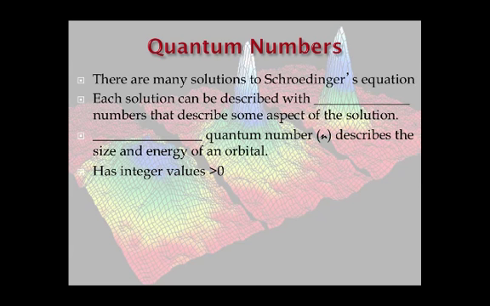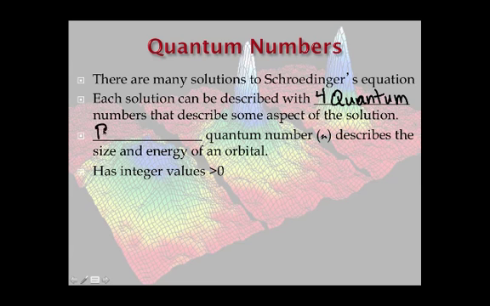So we define all of these shapes by quantum numbers. There are many solutions. We looked at the first solution that has the spherical shape, but there are many solutions to Schrodinger's equation, and each solution can be described with 4 quantum numbers. And each of the quantum numbers will describe some aspect of the solution.